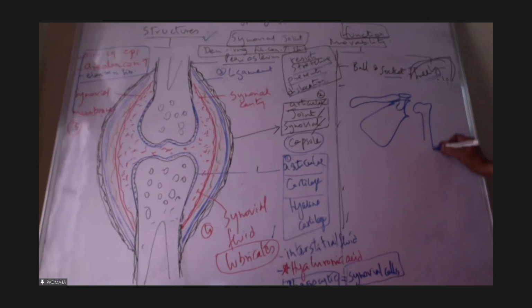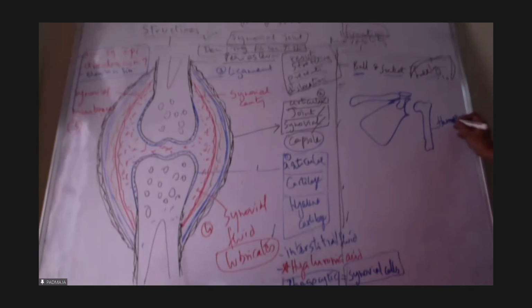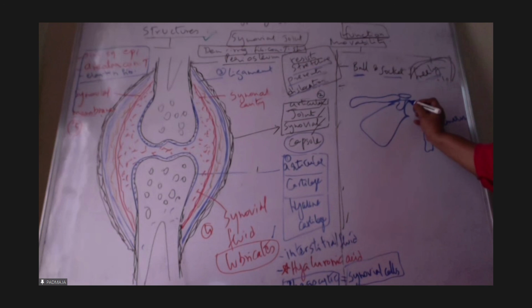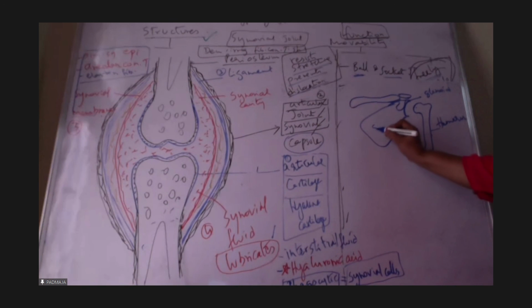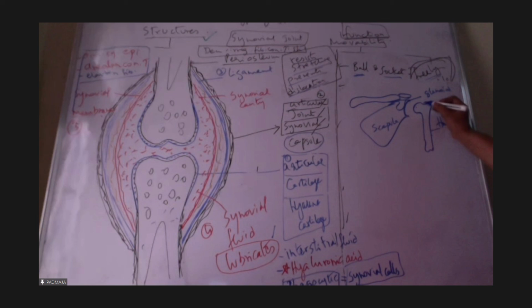What is this bone, first of all? Humerus. The ball is nothing but the head of the humerus bone. And this is the glenoid cavity of the scapula. The best example for ball and socket.